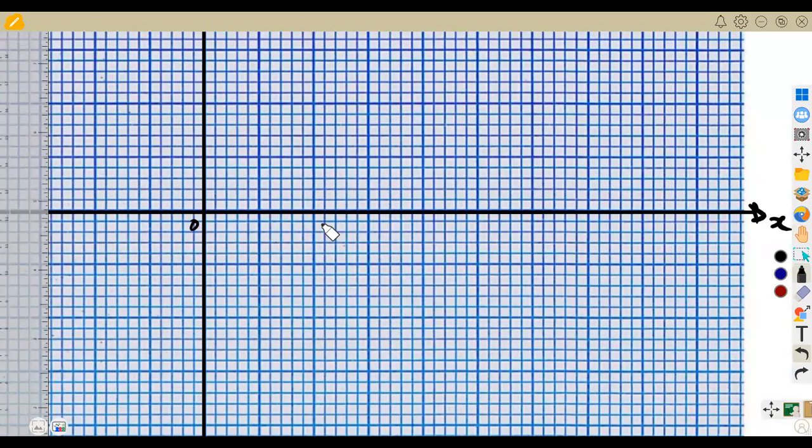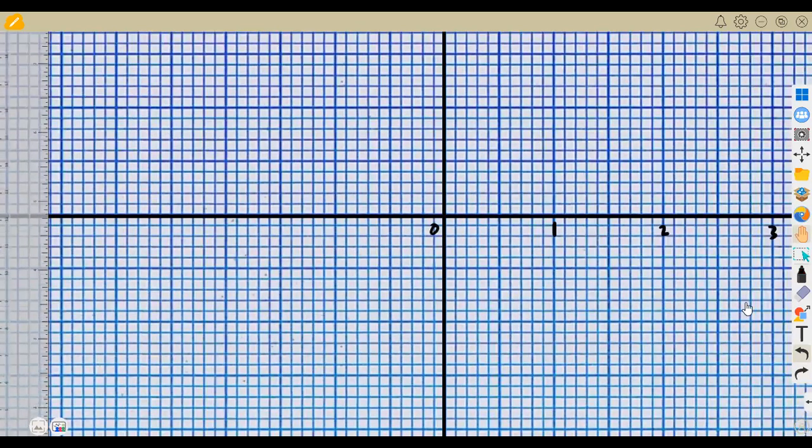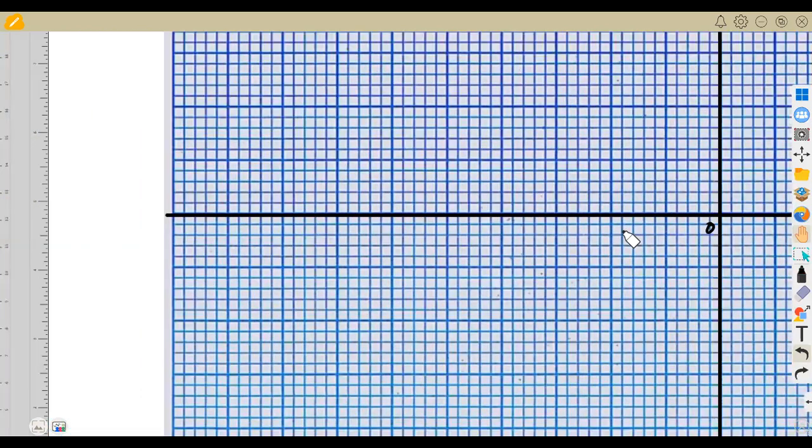So you count 10 boxes, then you put a 1. That's what I'm going to use on the x. So this will be 1, this will be my 2, this will be my 3, and this will be my 4. Just count 1, 2, 3, 4, 5, 6, 7, 8, 9, 10, which represents a 1. So the smallest box is 0.1. I do the same thing on the negative side of the x, 10 boxes again. So it's going to be somewhere here, -1, -2, -3, -4, or you can use whatever scale you are capable of.